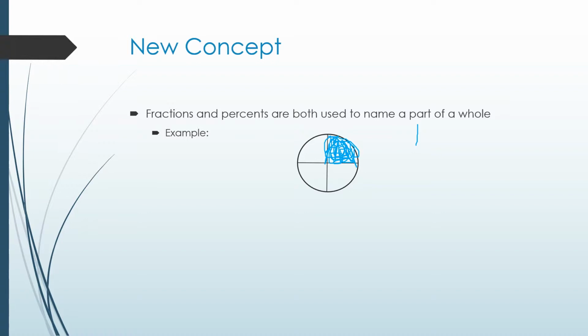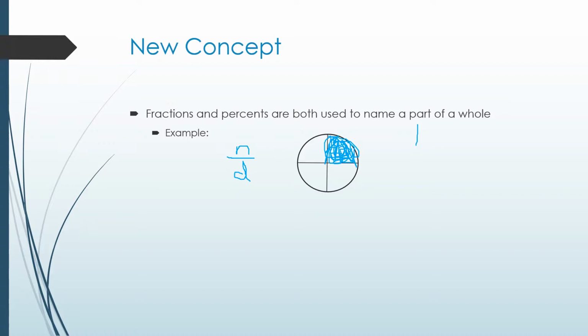In order to show that using a fraction, we would use the 2 parts of a fraction. So fractions have 2 numbers in them. The bottom number is your denominator, and the top number is your numerator. So I'm just going to abbreviate those. N goes on top, denominator goes on the bottom. So if I were asking for the fraction of this circle, the denominator is the total number of pieces that I split the whole shape into.